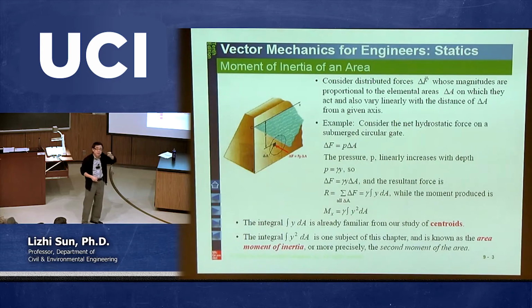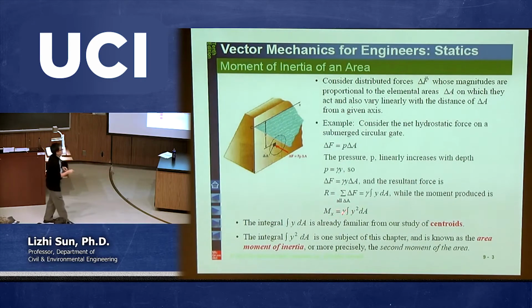And that's called Fd, right? So you already have this F and multiply with a distance. So this tiny force itself already has a Y. And then here you need to multiply another Y to get the tiny moment. And then you add them together. That's going to be the total moment, which still has a gamma here, integration, originally YdA, you need to multiply with another Y. So that's why I finally end up with Y squared.